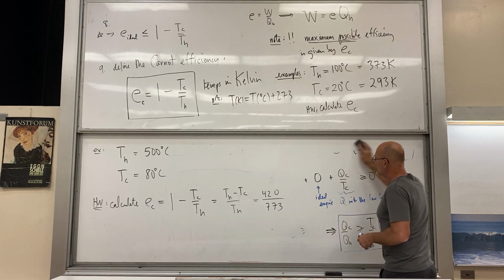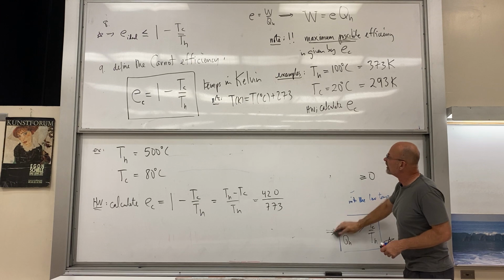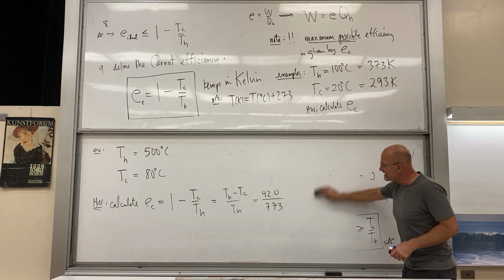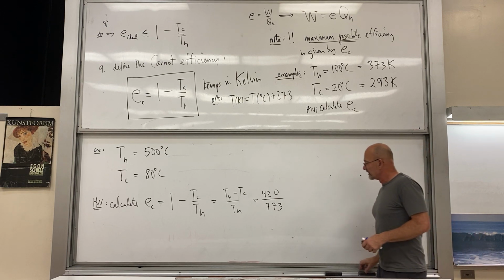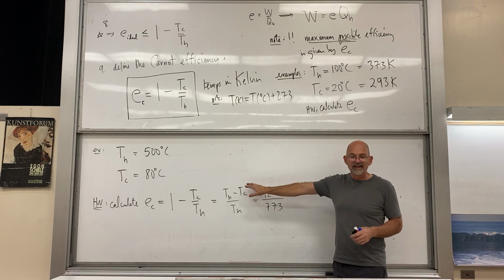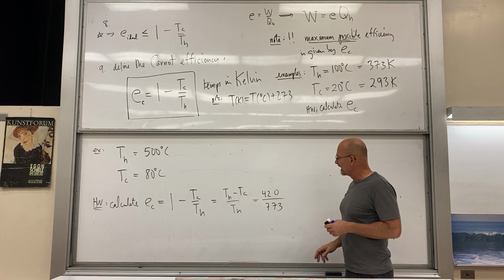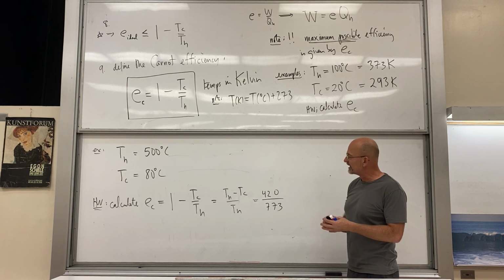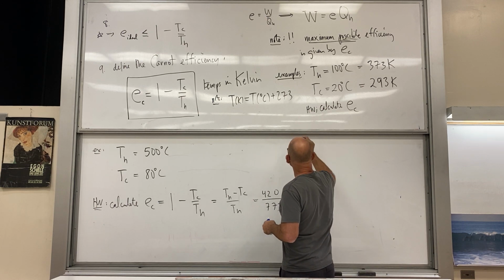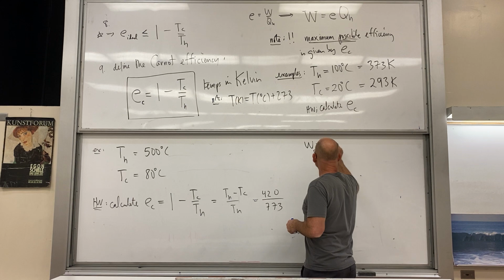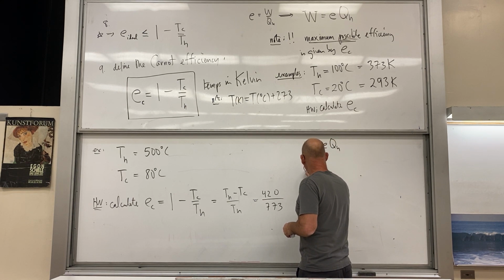Now, you'll notice that waste heat, even in this great example, there's still going to be considerable waste heat if you're really producing a lot of energy. And that waste heat has to be dealt with somehow. Okay, so we had the work is E times QH. And what about the QC?